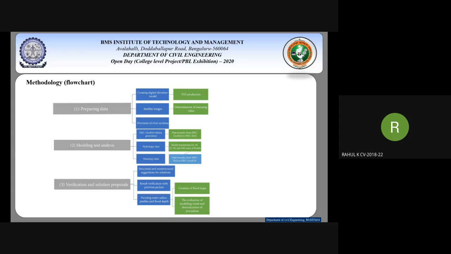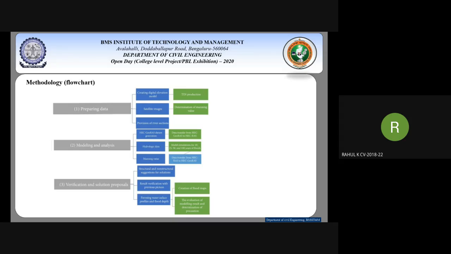So, to analyze how the flooding is going to affect that area. After analyzing all this, we're going to verify and propose solutions to that region for future upgrades or developments.